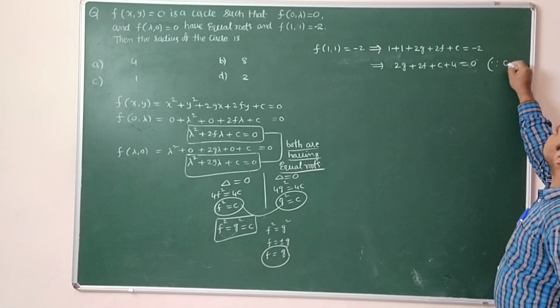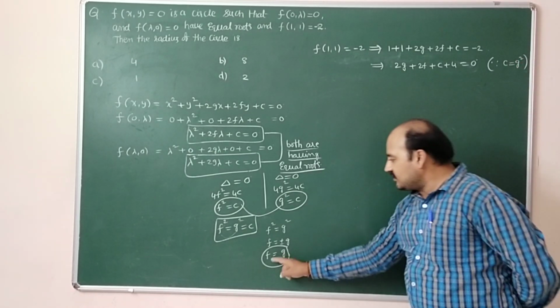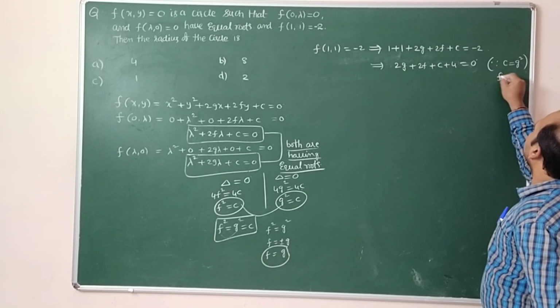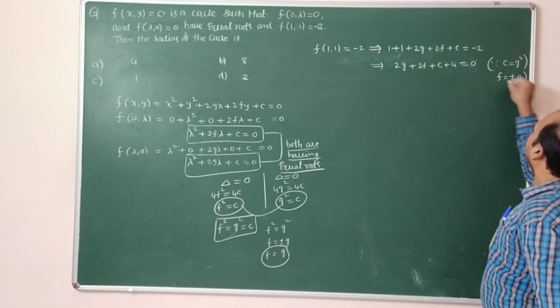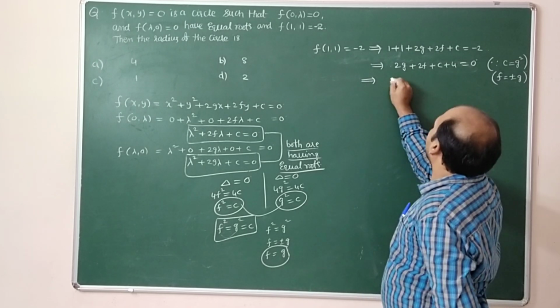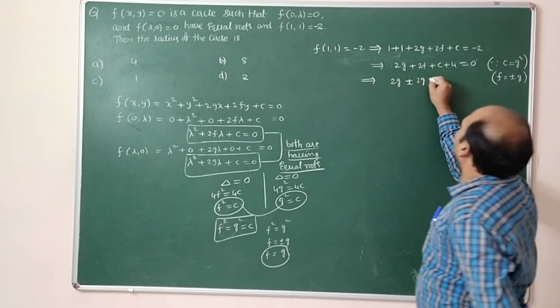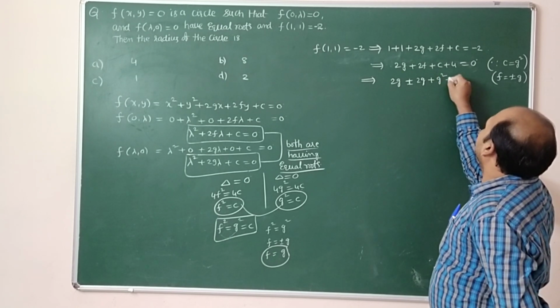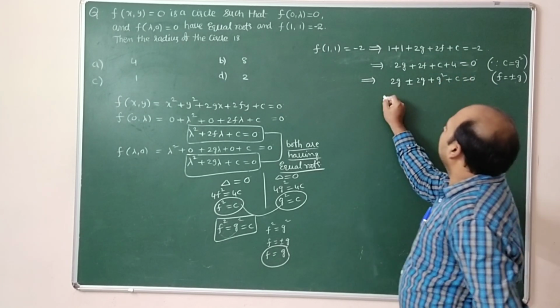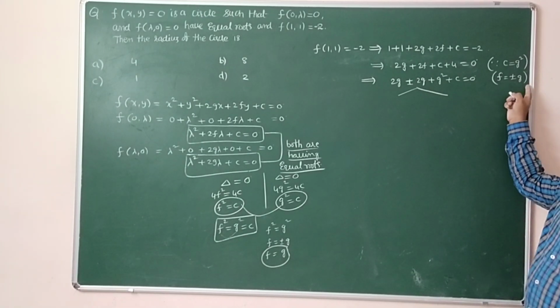Since c = g², and taking f = g (generally you take f = ±g), we get two cases, one plus and another minus.